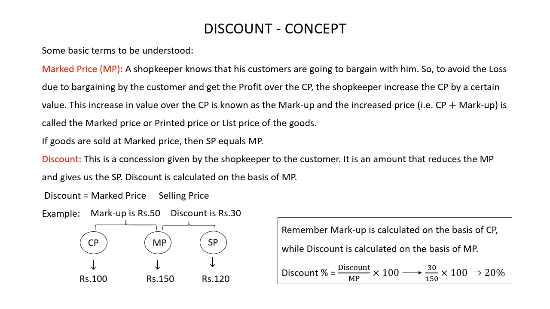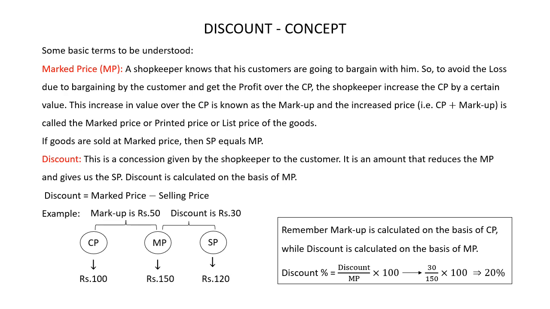Now let's find out what is the discount percent in this transaction. Now the formula to find discount percent is equal to discount divided by marked price and multiplied by 100. You know that discount is calculated on marked price. So discount divided by marked price multiplied by 100.